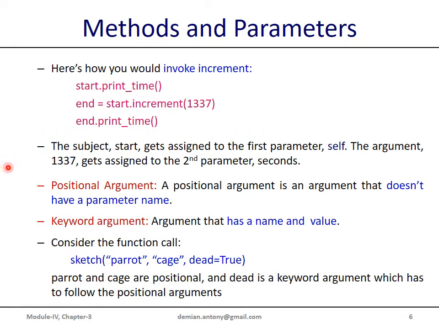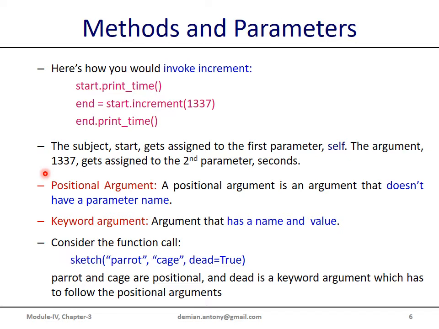Let us understand two types of arguments. One is a positional argument. What is this positional argument? A positional argument is a parameter found in the method call which has a value but no parameter name. Parameter name normally refers to the formal argument.